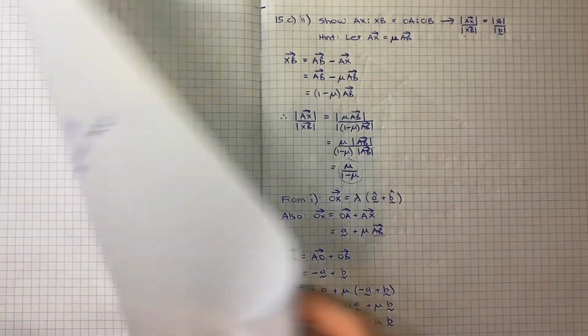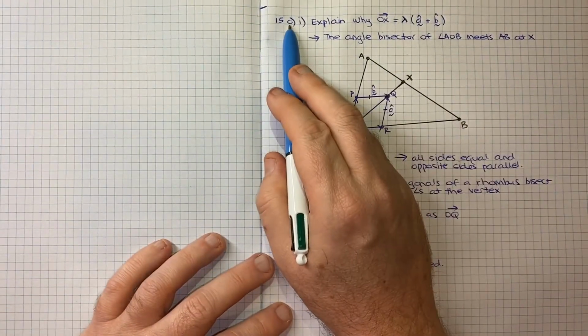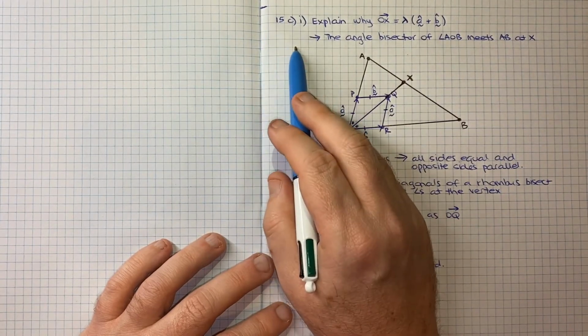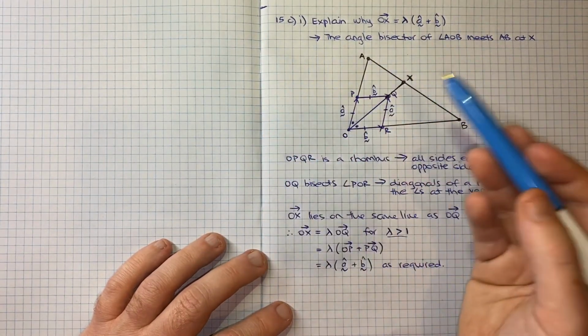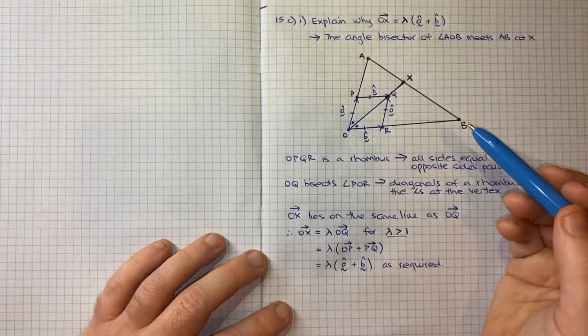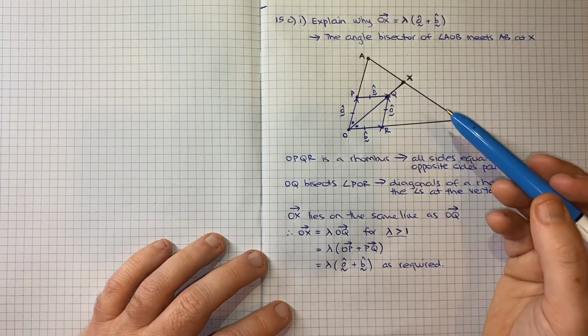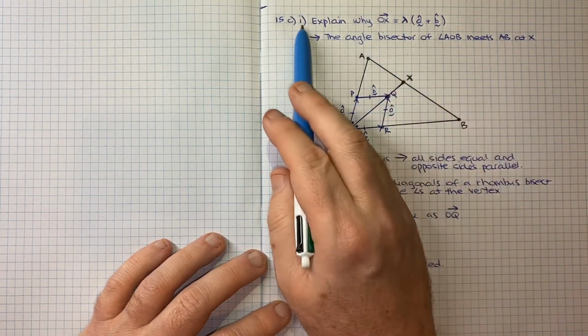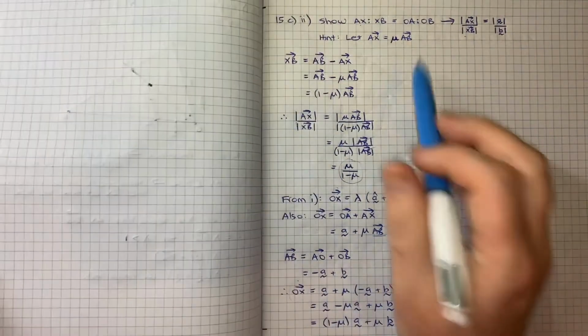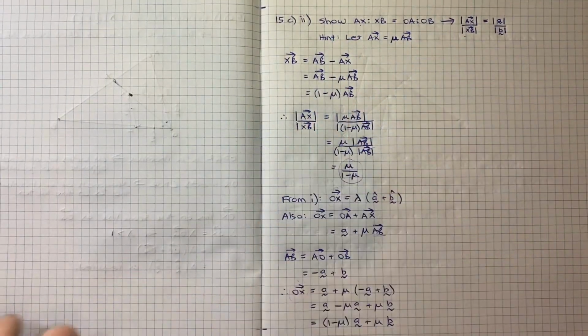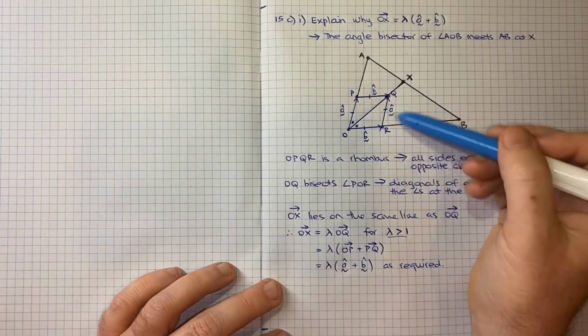So really, you can think about question 15C as being one question, and it's possible that on a harder exam, the question writer could just give this and not give part 1 as a hint and just go straight to part 2, and you have to work out that doing this step is useful.